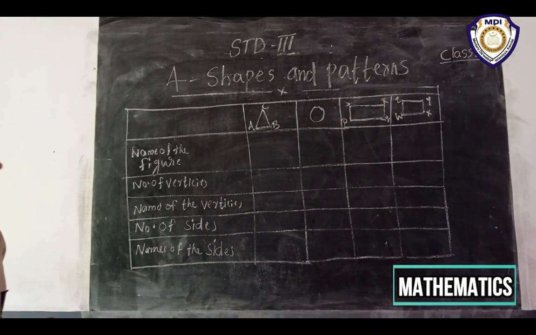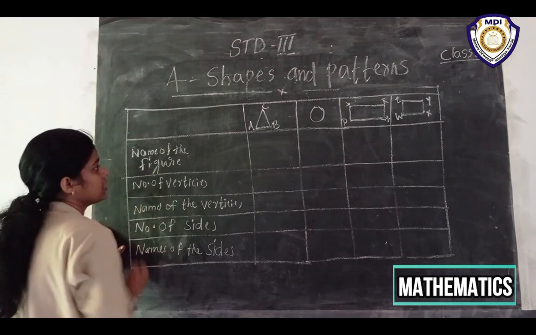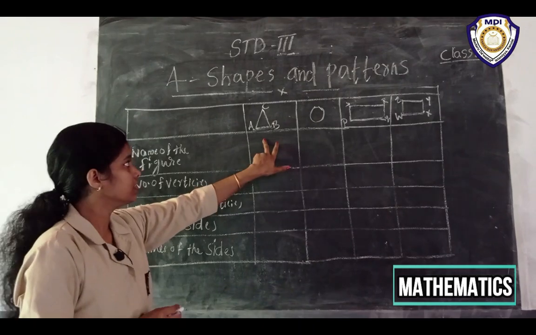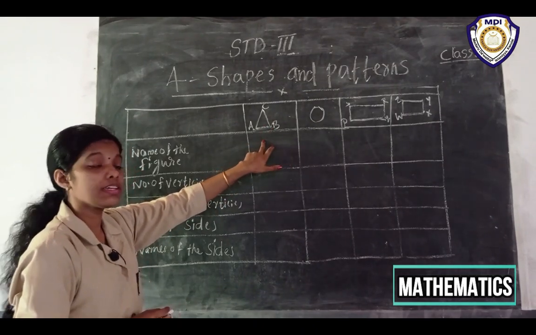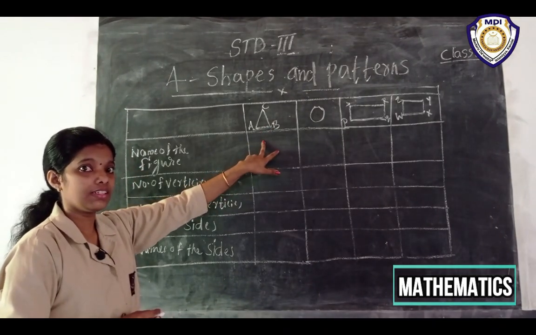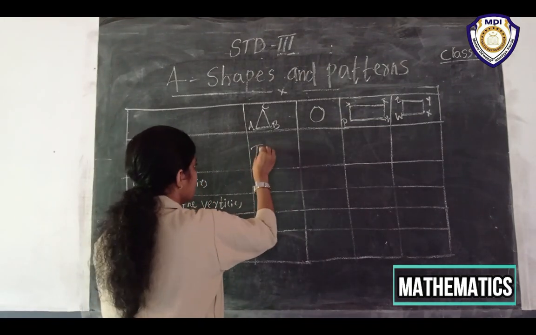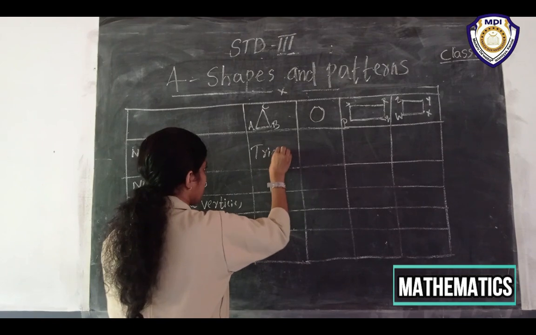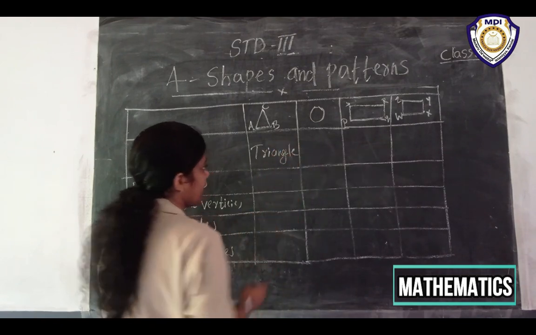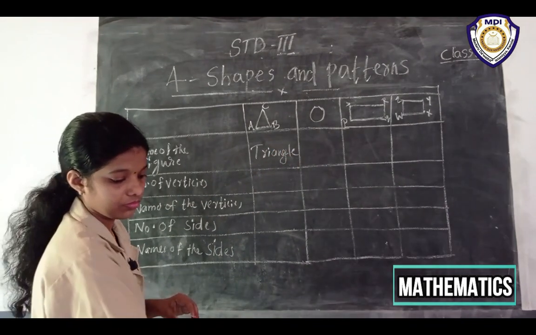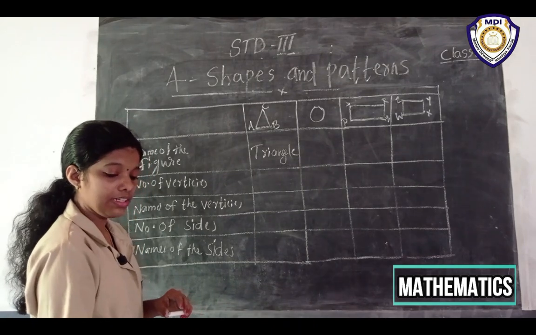All of you listen here. Name of the figure. Which shape is this? Triangle. Right.